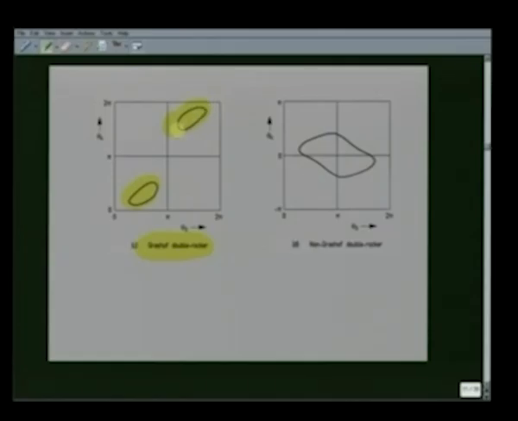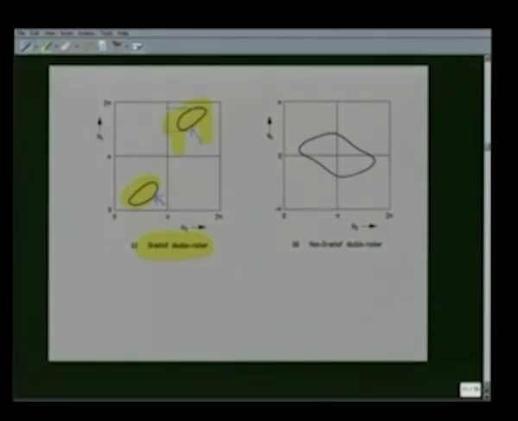For example, for theta 2 from here to there, and from theta 4 it is here to there. Again, there are two distinct loops for two different modes of assembly. Either you are following this curve or you are following this curve. You can never pass on from one mode of assembly to the other.